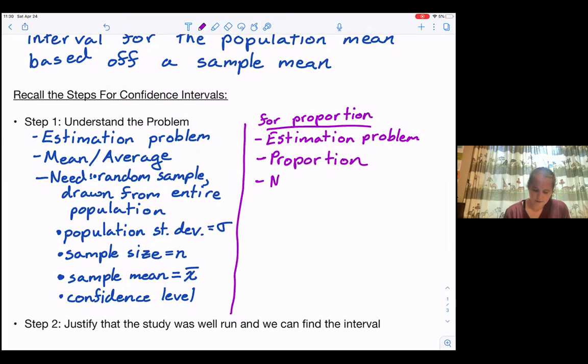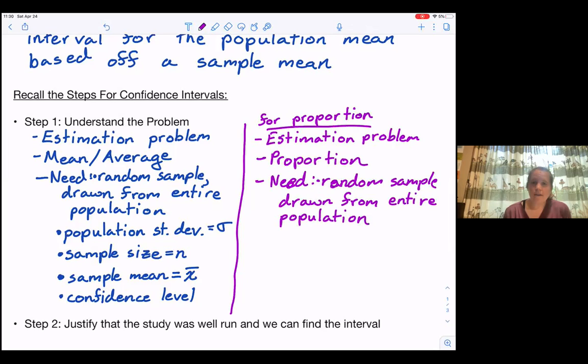And then the things that we need, again, we need a random sample drawn from the entire population, a sample size of n, a sample proportion, p hat, and a confidence level.